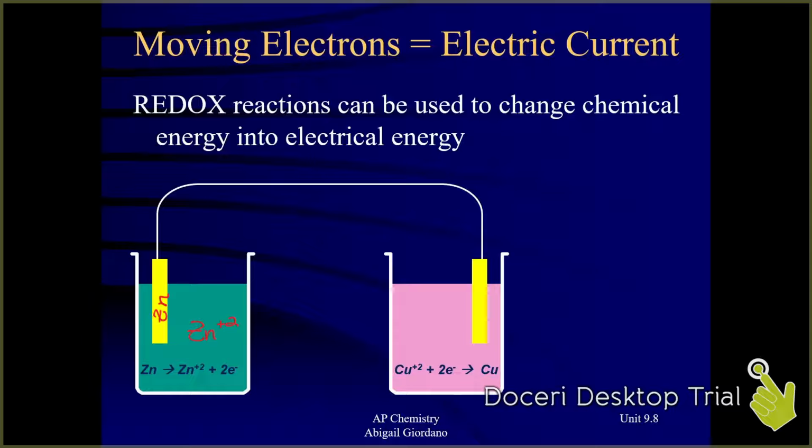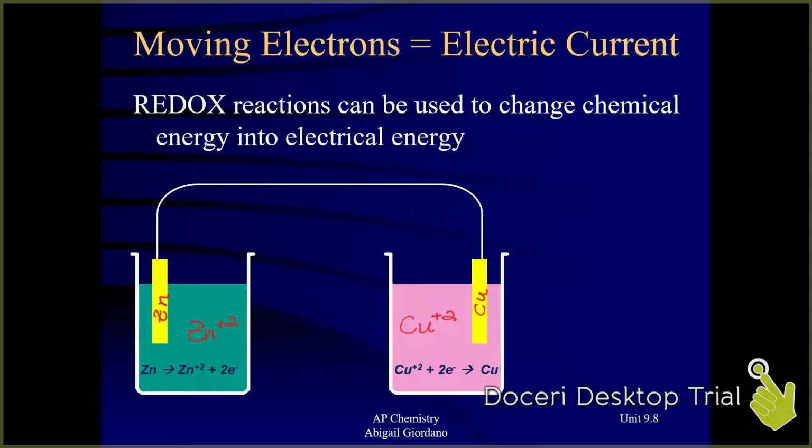It's anything that has zinc ions. And on the right-hand side, this yellow bar would be made of solid copper, and we would have copper ions floating around in the beaker. Again, maybe it's copper(II) chloride, something like that. Copper(II) ions in aqueous form. Okay, so these are the same two half reactions.